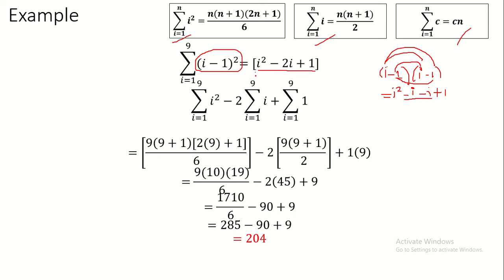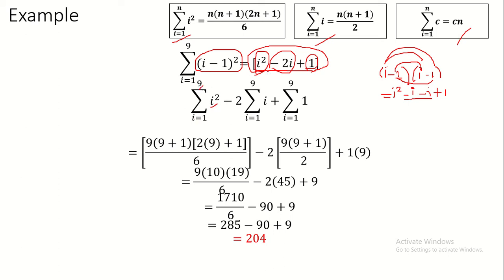So now that we have this i squared minus 2i plus 1, what we will do is separate this into 3 different sums. So we have i squared, negative 2i, and then the constant 1. So we have here the summation of i squared, the first term, from i equal to 1 up to 9.